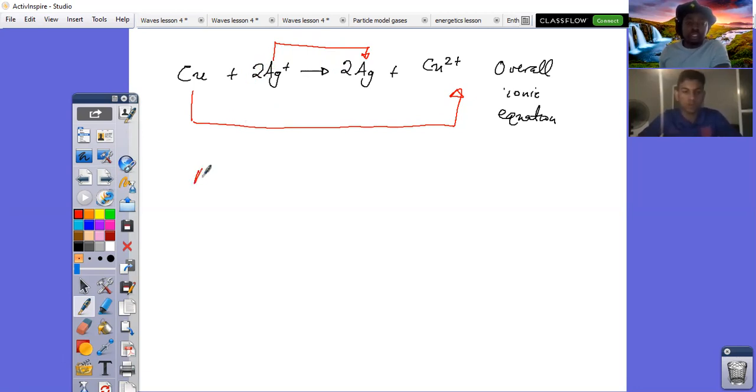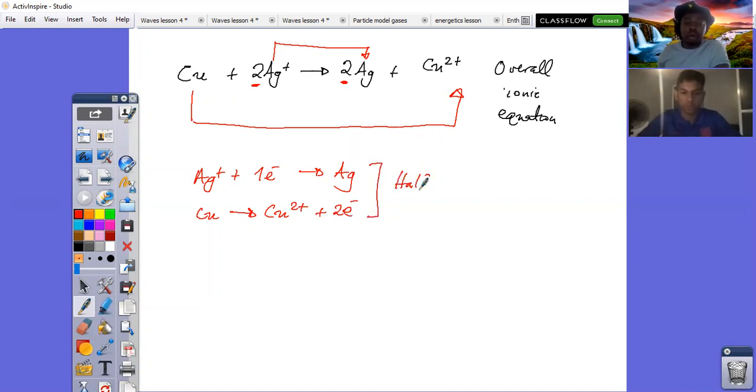You could just say Ag plus, plus 1 electron received gives Ag. You don't bother with the 2 there. That's for the half equation. And the Cu, of course, they always like it with pluses, so you're going to have to say Cu gives Cu2 plus plus 2 electrons. Okay, so these here are what we call half equations.